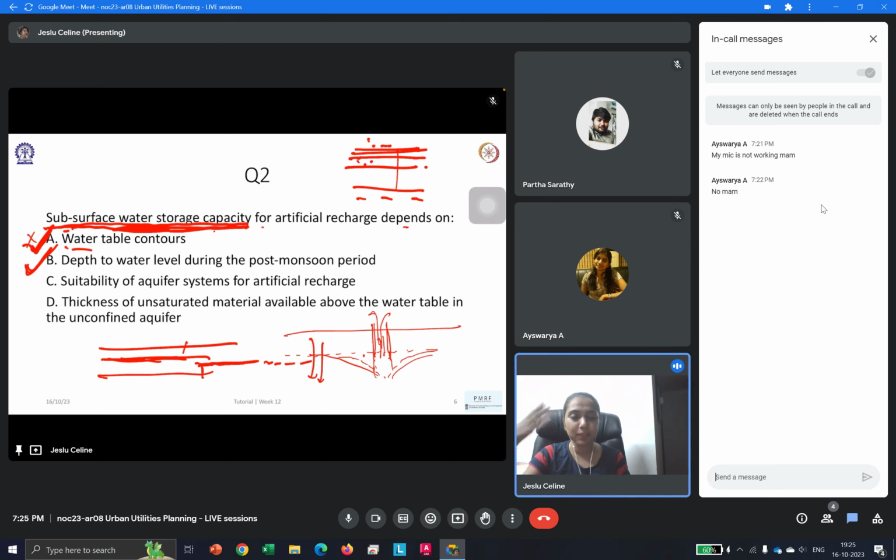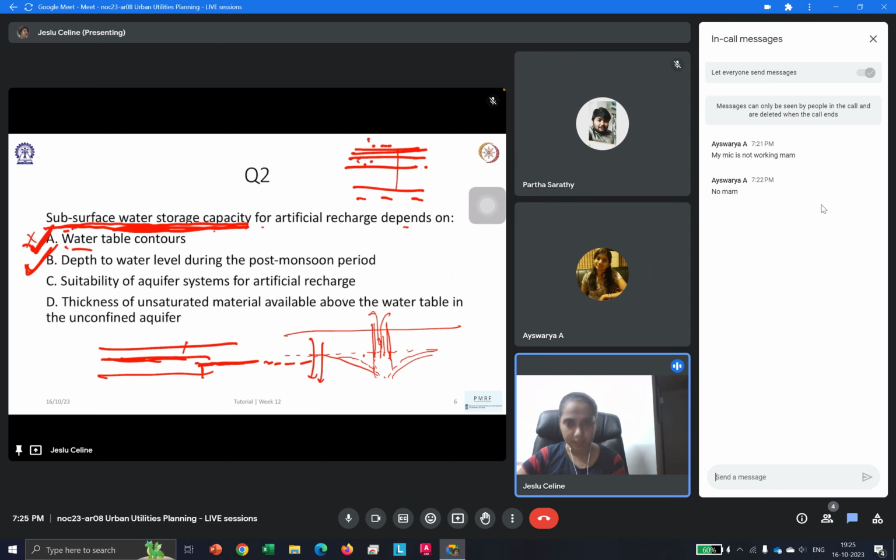There might be something which made you think that it's not. So why? Subsurface water storage capacity is naturally occurring, whereas option C is for artificial recharge.